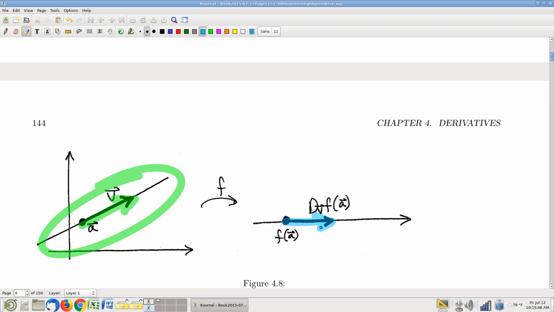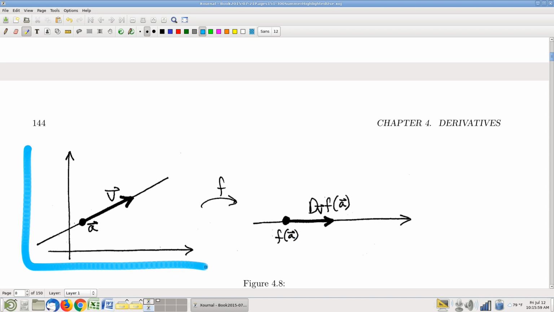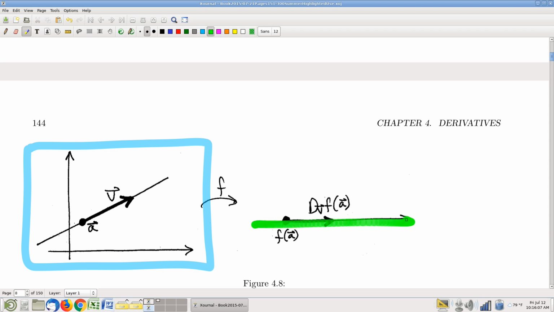In fact, this is something that allows us to make more physically relatable interpretations. Here's one. Let's suppose that this is longitude and latitude, position on the map, right? And then let's suppose that the target over here represents temperature. Again, this is very physically relatable. We've all seen weather maps online, and you could pretty reasonably imagine a scenario where you are at a certain point on the map and you're in your car and you're driving with a certain velocity.